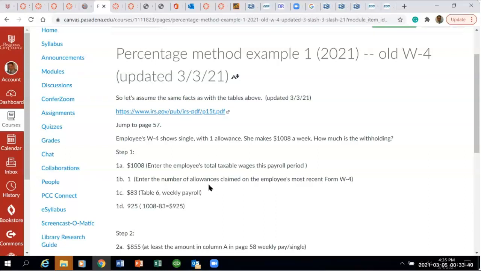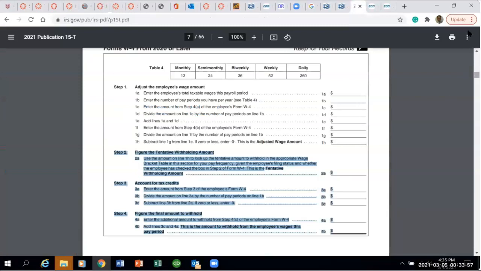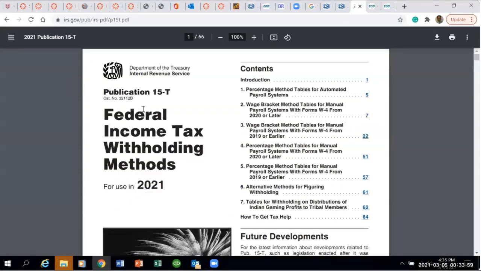So we go to the IRS website, Publication 15, which I believe I have in here. And it says jump to page 57. Why do we jump to page 57? Because if you click this, you go all the way to the beginning of Publication 15-T, which is tables.